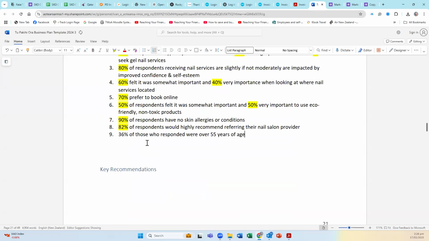It sort of gives you a bit of an idea, mind you, because it's such a small sample size, only 12. If you had more, it might give you a better picture.